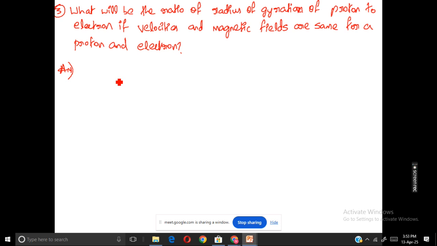proton and electron? So we know RL is given by mv by qB. So let's write that radius of gyration in case of an electron is mass of electron into velocity of electron by q into B. Q will be same in case of electron and proton, we already know.